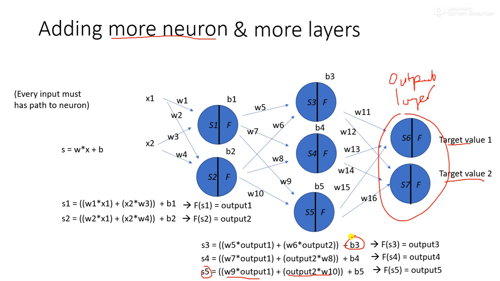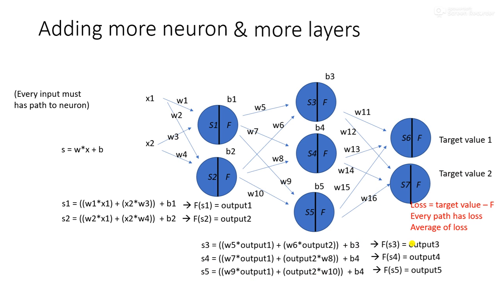So when we have the target value, you're going to have loss. The target value gets minus the output from 3. The 3 comes here, and this comes here, and then goes to F. So whatever you give F here, target value 1 minus F gives you the loss.